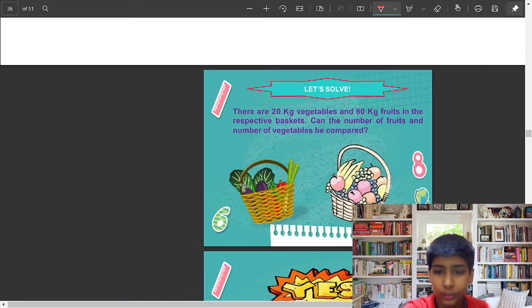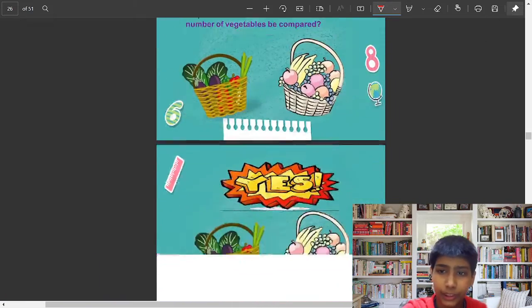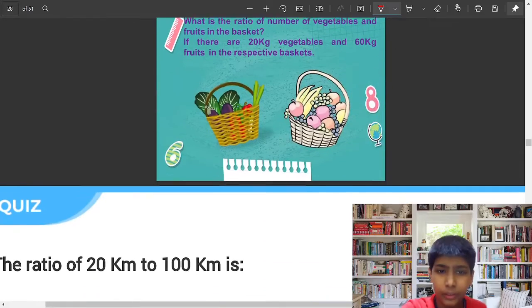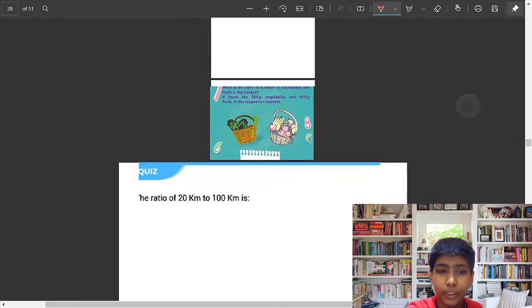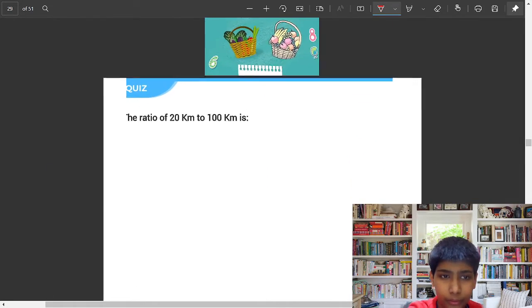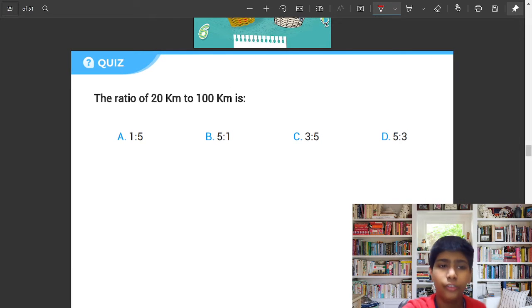We'll not take this one because this one will be very easy right now. We'll be just doing some quizzes only right now. Ratio of 20 kilometers to 100 kilometers is how much? So it is not 100 kilometers to 20 kilometers. It is 20 kilometers to 100 kilometers. I'm giving you a big hint.